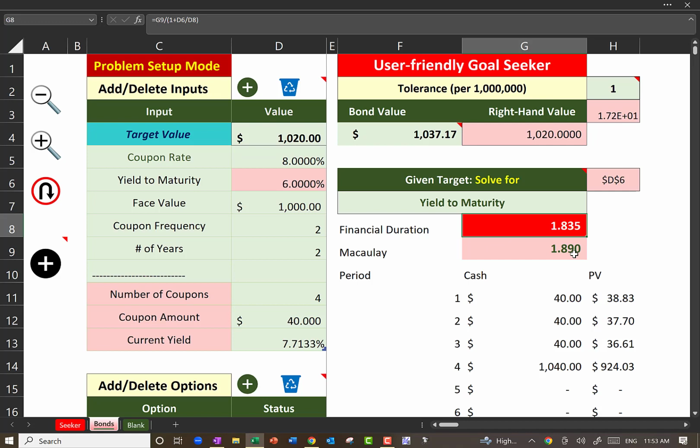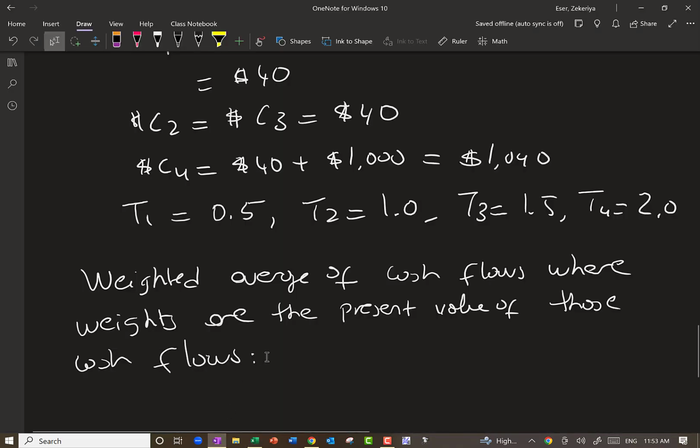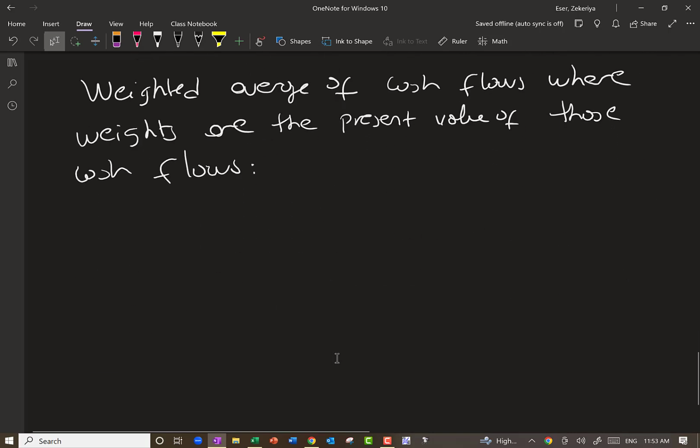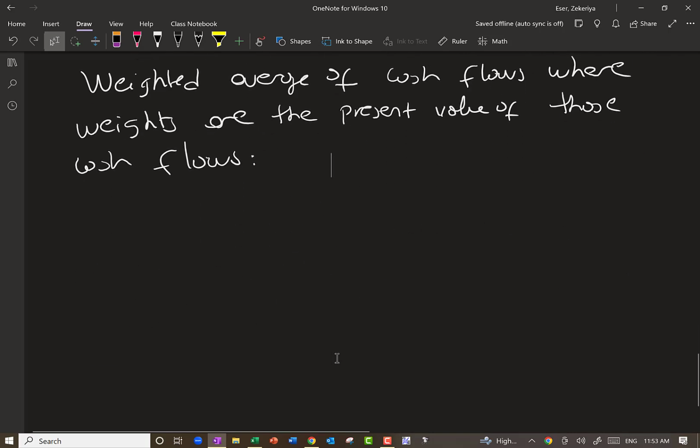If financial duration, which is equal to Macaulay duration divided by 1 plus interest rate divided by frequency, that's R divided by F, is basically the period interest rate.